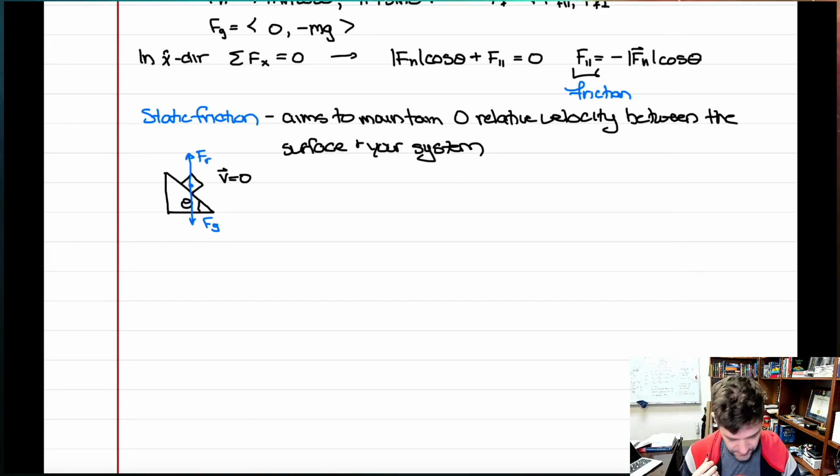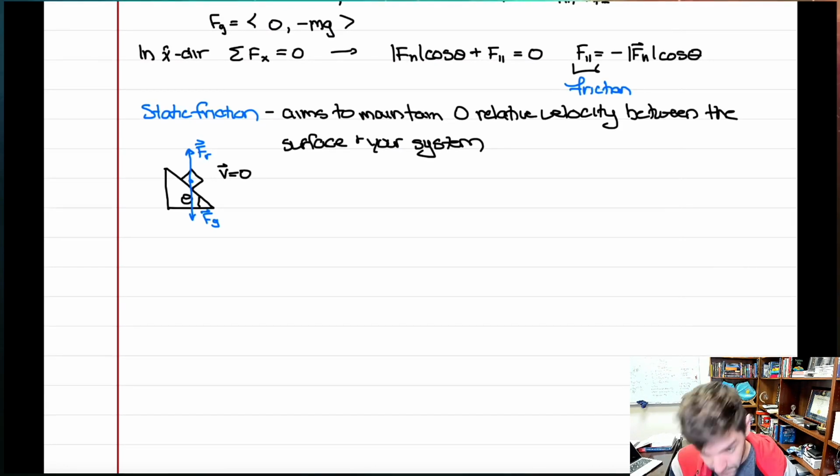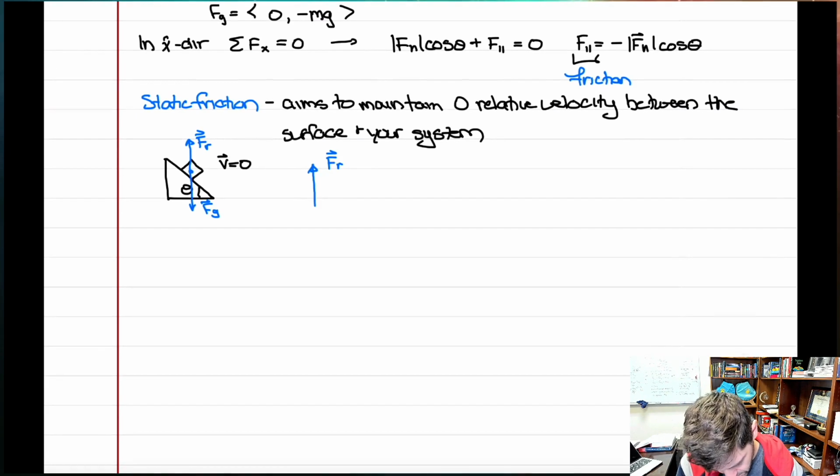Because again, vectorially, when I add these up, I better get zero, because there's no acceleration happening on the box. So in this case, the ramp has a force that, in this particular example, is pointing straight up on box from ramp.